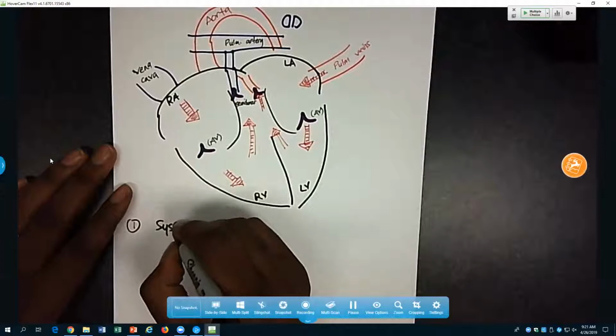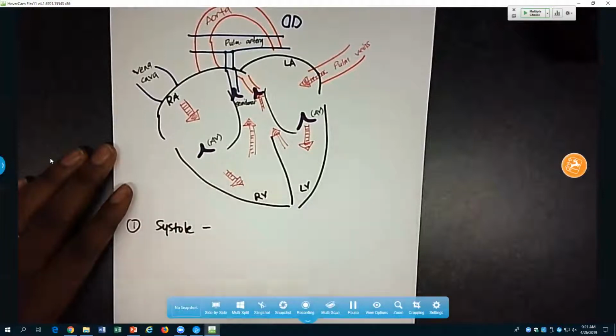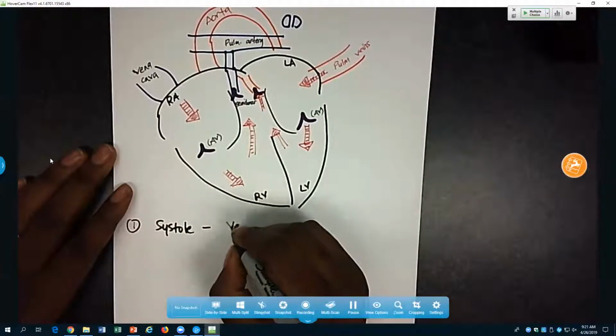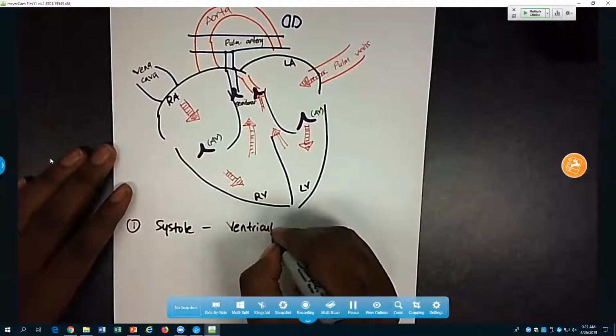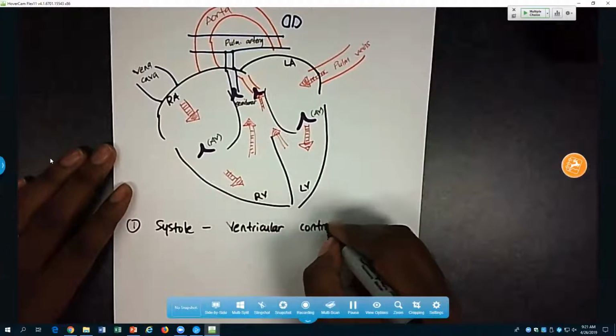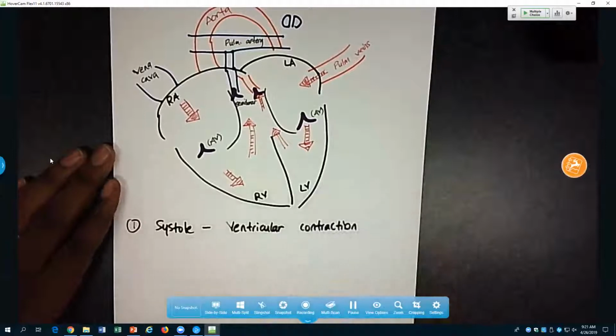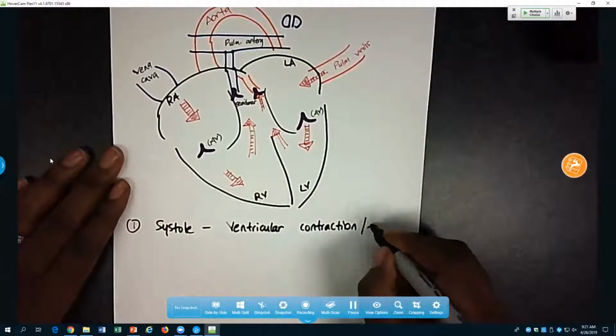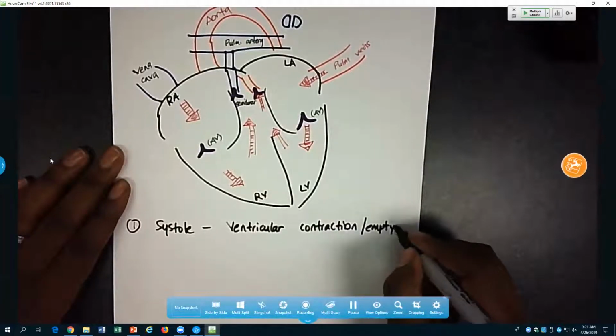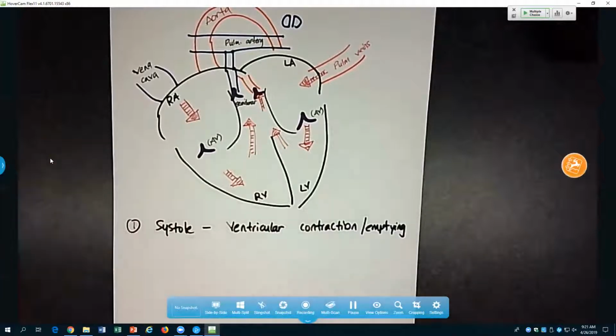One is systole, and systole is called ventricular contraction, or ventricular emptying. This is where the ventricles are dumping their blood out into the vessel, either the aorta or the pulmonary artery.